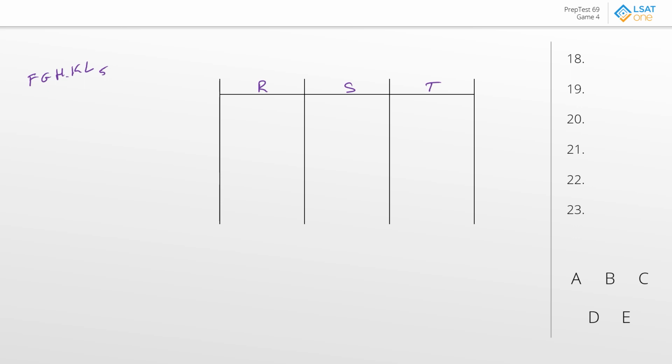Now, in terms of spacing, they actually do give us a minimum. We are told that every single one of these is going to have at least 1 person assigned, which is great because that means that 3 spaces out of 5 are taken care of. There's only 2 extra spaces to bounce around. So there's only 2 ways that this is going to go. Either one of these groups is going to end up with 2 extras, so you could have, for example, 3 people under 1 and then 1 and 1 for the other 2.